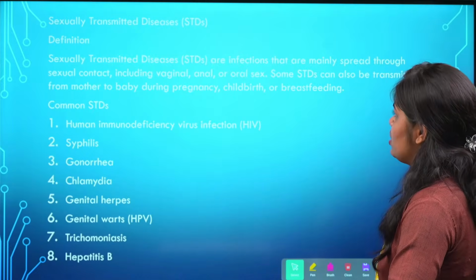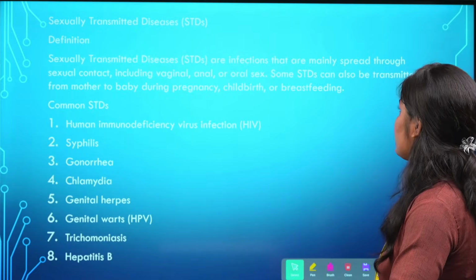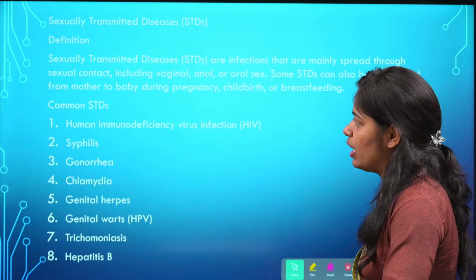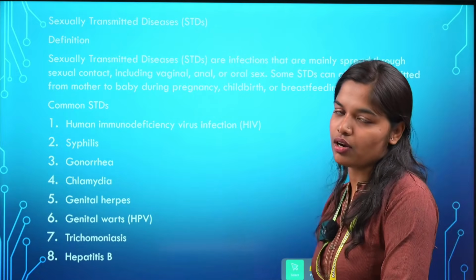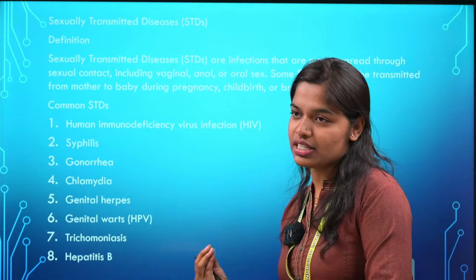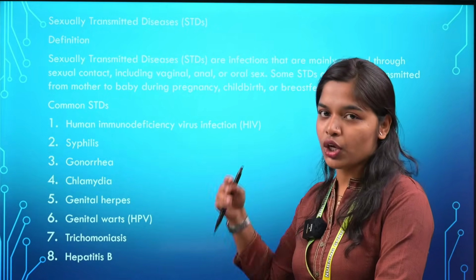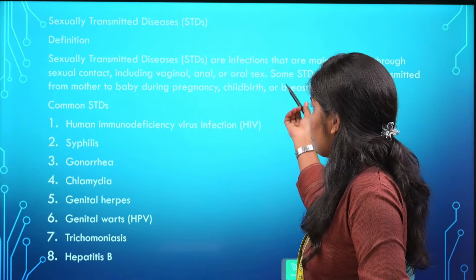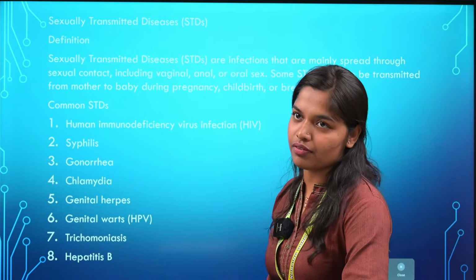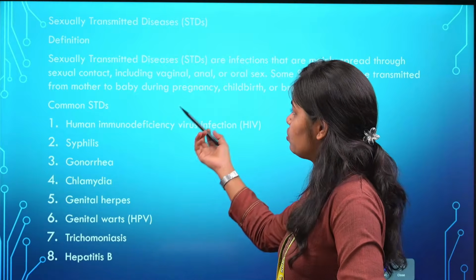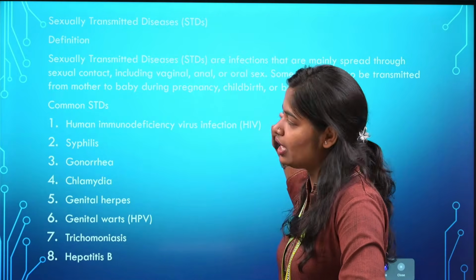Some sexually transmitted diseases can be transmitted from mother to baby during pregnancy, childbirth, and also breastfeeding. They may transfer from the mother to the baby through pregnancy, childbirth, and also breastfeeding.